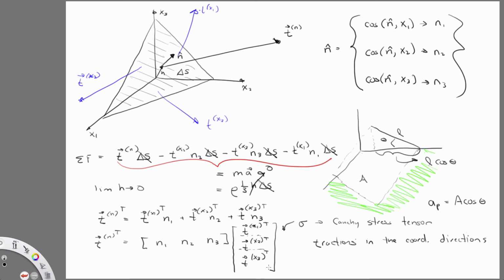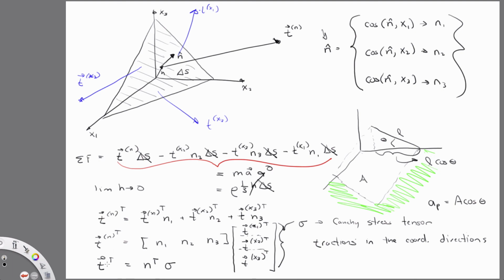And we can write this a little bit differently. If we give this the symbol sigma, where sigma is a tensor now, then we can write this equation as T transpose equals N transpose sigma. And it's N transpose because, remember, by default N is a column vector, and the way we wrote it here, it's a row vector.